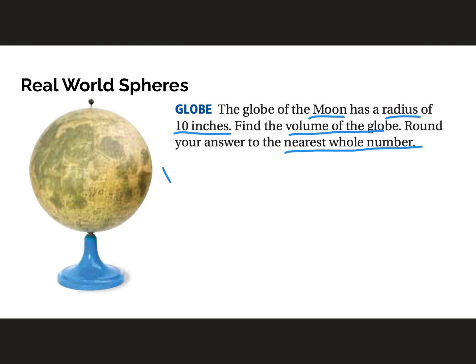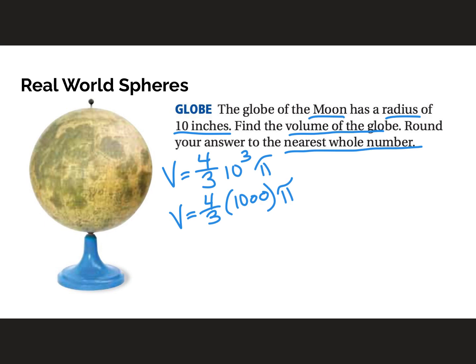So remember, our volume is 4/3 of our radius of 10 cubed times pi. So our volume equals 4/3 times 1,000 times pi. You can just put that whole thing into your calculator.